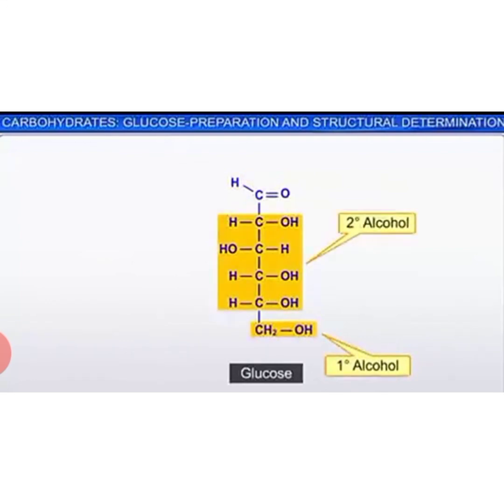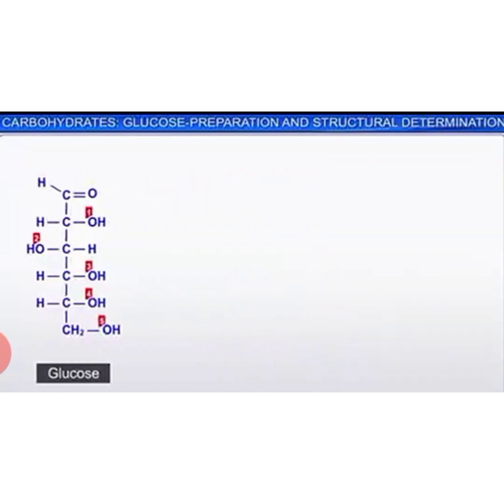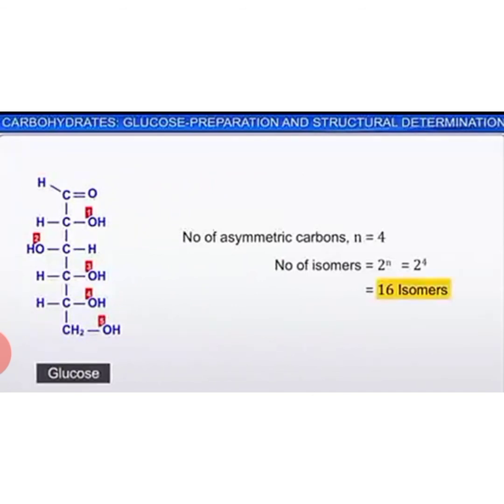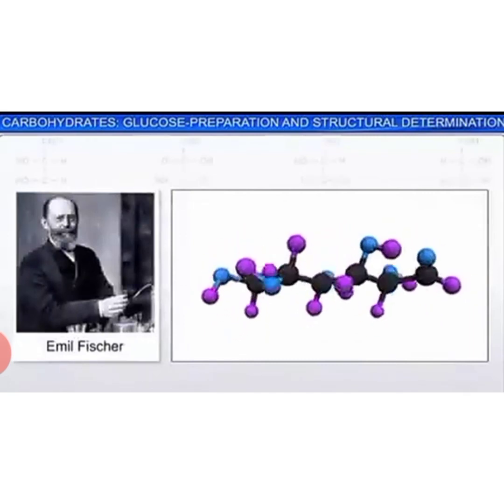Hence, the open chain structure that can be assigned to glucose is as shown here. As this structure possesses 4 asymmetric carbons, there are 16 possible stereoisomers. Emil Fischer established the configuration of naturally occurring dextrorotatory glucose.